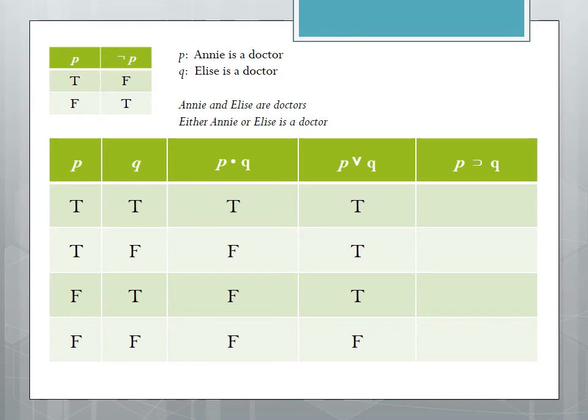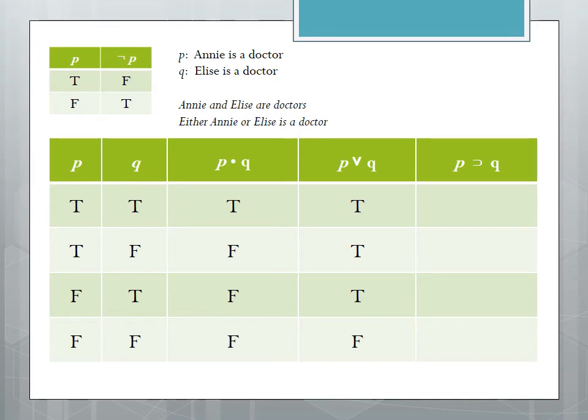Maybe that's a reasonable way of understanding if-then sentences in English. But certainly within our symbolic language, we regard a conditional sentence, an if-then sentence, as true if both parts of it are true.